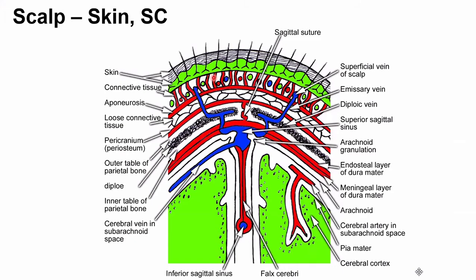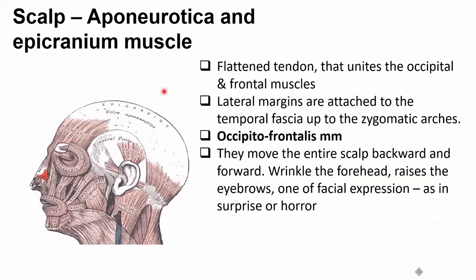So after the skin and connective tissue, we now go to the aponeurosis, the epicranial aponeurosis and epicranius muscle. So the epicranius includes the occipitofrontalis and the variable slip known as the temporoparietalis.